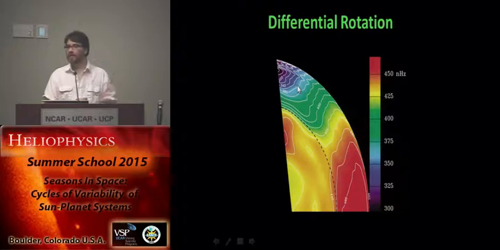But then in the 90s, people were able to measure the flow inside the sun. And we realized that there is actually a place where we have very strong radial shear. The difference in rotational speed between the radiative zone and the first layers of the convection zone is very strong.